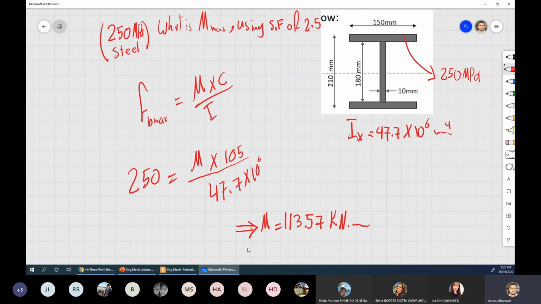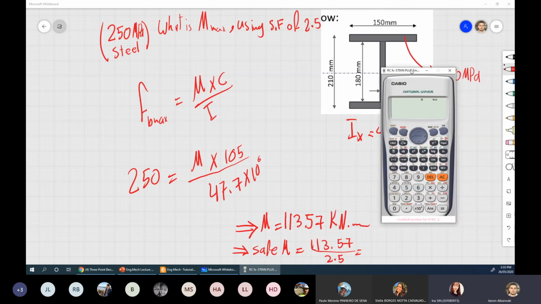But if I want to design a safe moment, let's call it safe M, it equals 113.57 divided by 2.5, and that equals 45.42. Make sense?